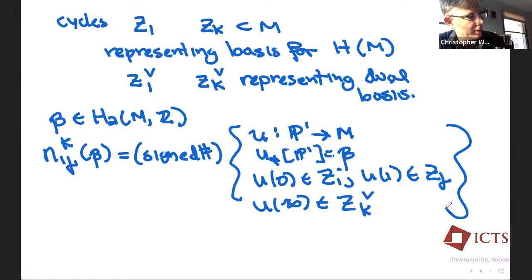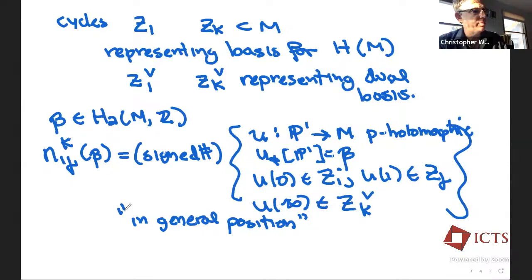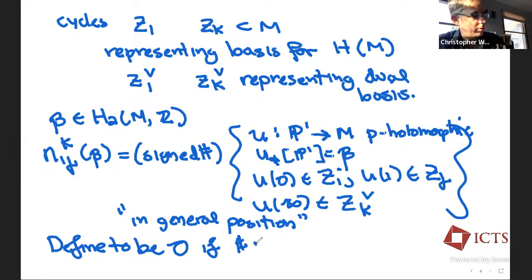And of course, this should be pseudo-holomorphic. So this is in general position. That means that you might have to perturb the cycles so that the intersections are transverse, and you define it to be 0 if the number is infinite.